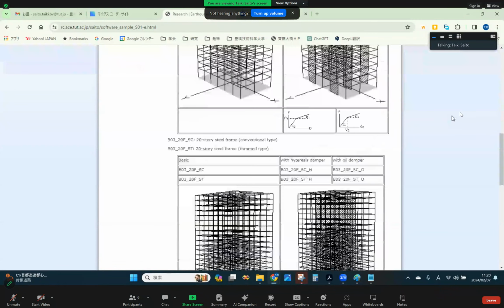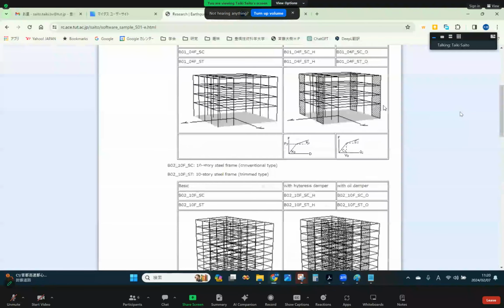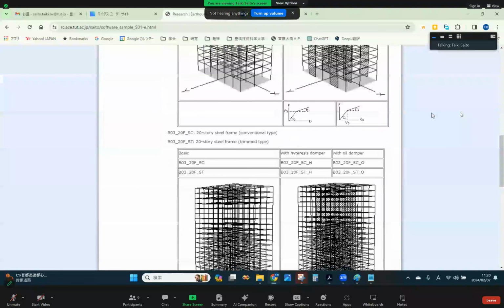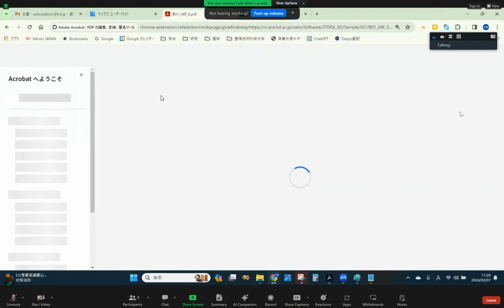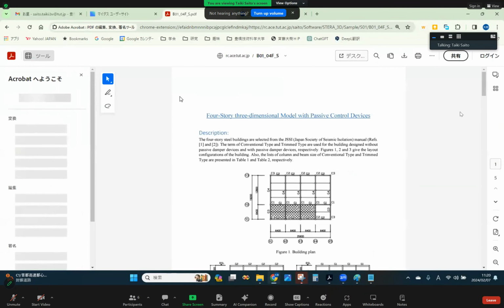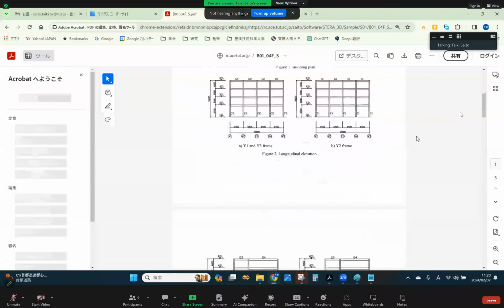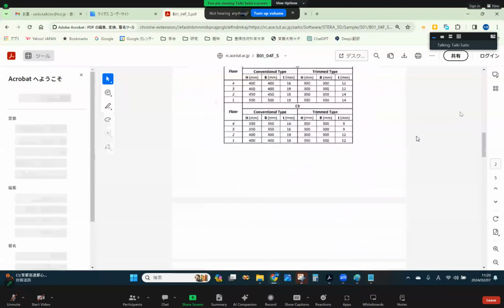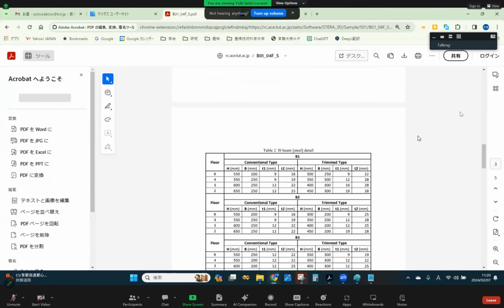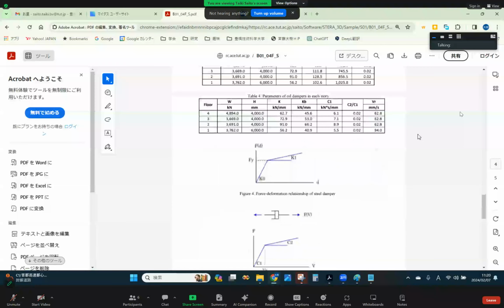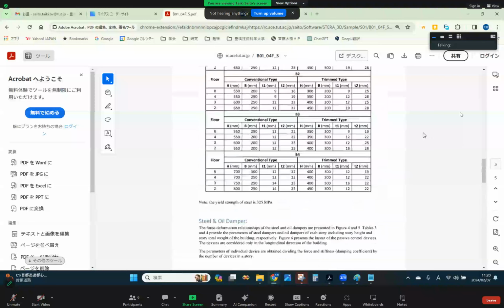So these are 4-story, 10-story, and 20-story buildings, and all the information is written in this PDF file. This is the 4-story, no damper. Then if you go down, steel and oil damper.